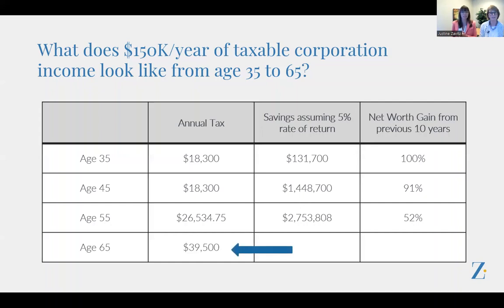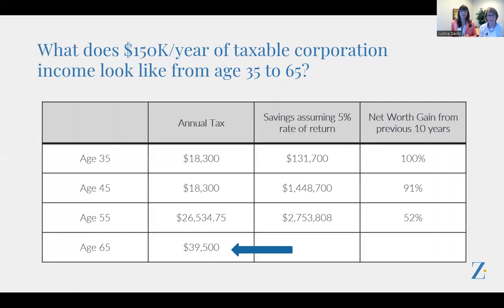Now we're at age 65. And by age 59, so in that 10-year time frame, at age 59 is when the small business deduction has been ground down to zero. So from age 59 up to age 65, that 150,000 of taxable corporate income is now incurring $39,500 of tax, which is reducing the amount that can be saved every single year into this pot of money.